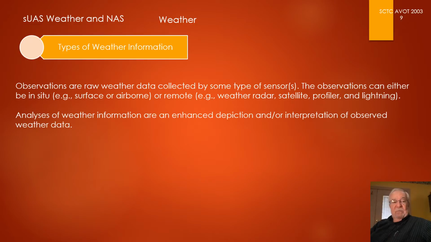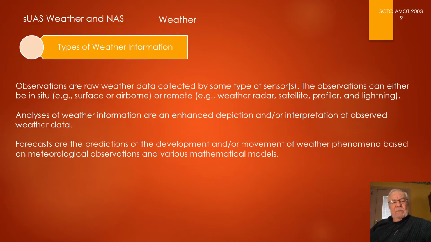That's the other kind, of course, is forecast. But the forecasters use this information to present current weather conditions and to extrapolate that into some kind of forecast as well. Forecasts simply are predictions of the development and or movement of weather phenomena based on those observations. And in addition, they have developed these mathematical models that help them to predict what may happen in the future.